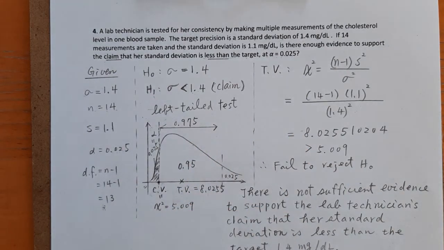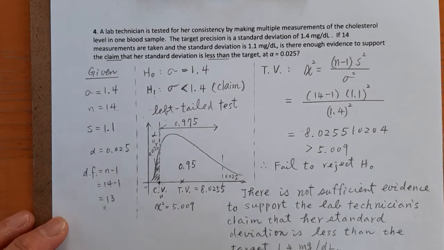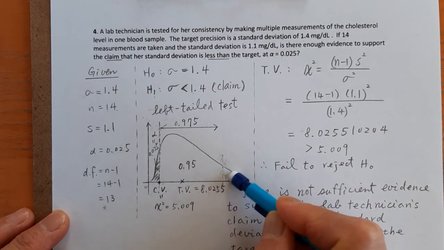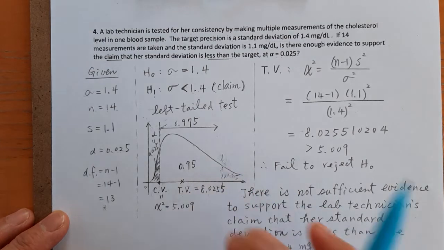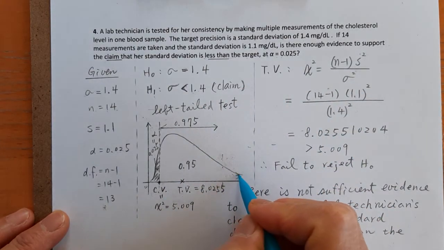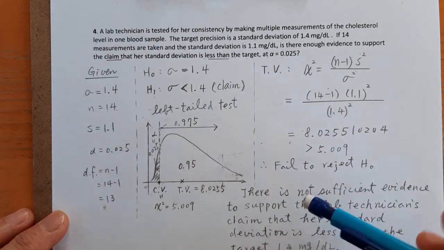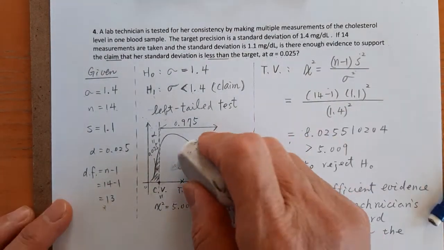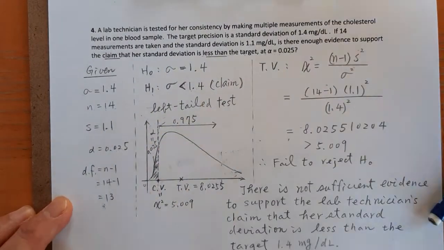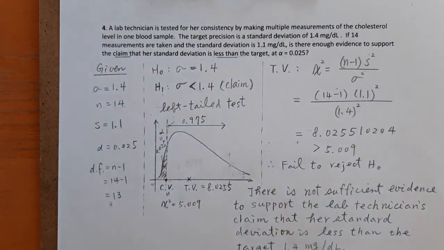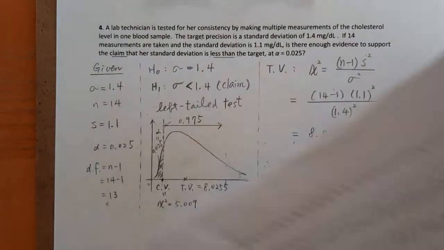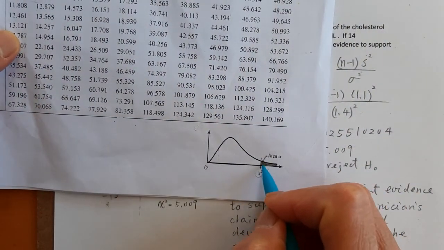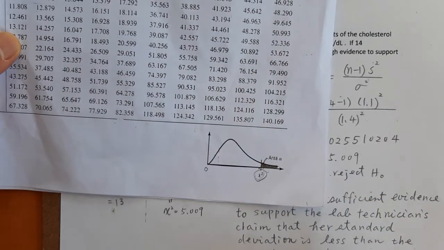Because chi-square is going to use the area to the right of chi-square values. For the chi-square table, the alpha is the area, and you find chi-square.